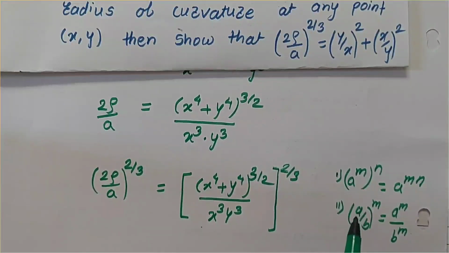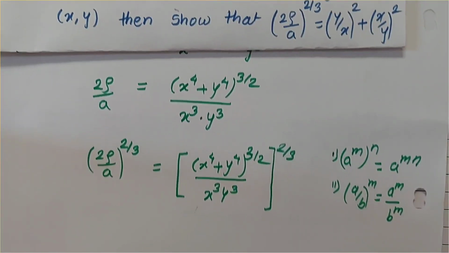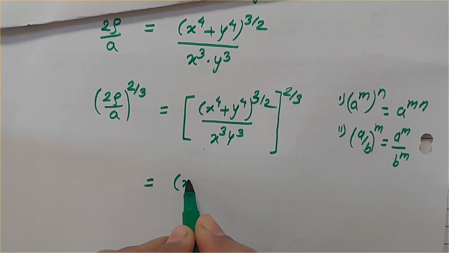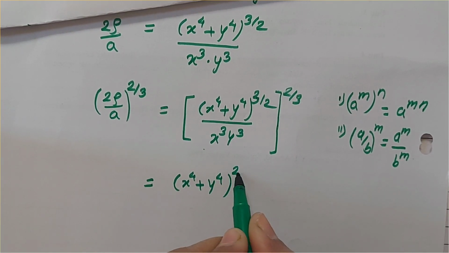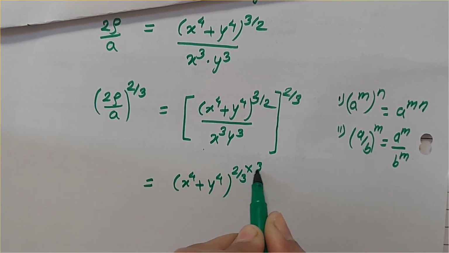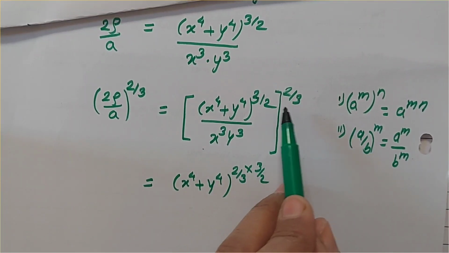By using these two indices formulas, we can take this 2 by 3 power on the numerator as well as the denominator. And by this rule, m into n, that means we have to take the product of these two terms. So in the next step, (x raised to the power 4 plus y raised to the power 4) whole raised to the power 2 by 3 into 3 by 2, product of these two terms.